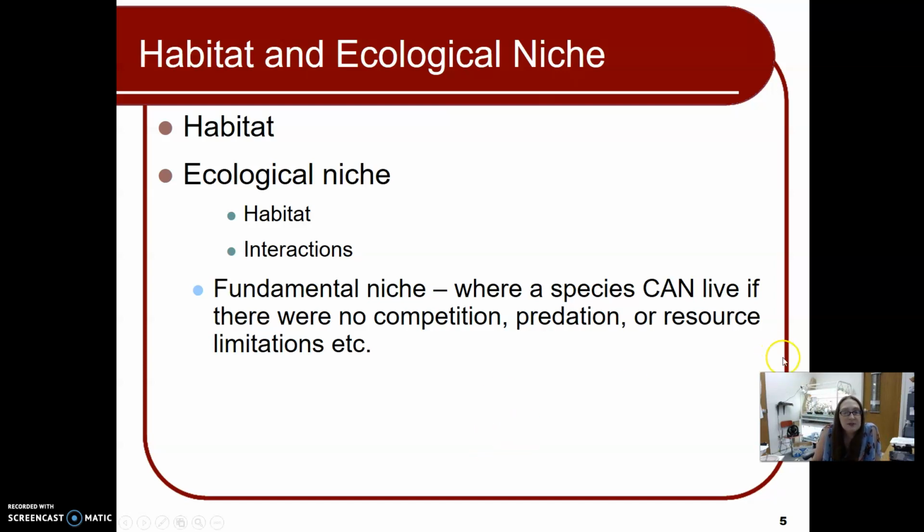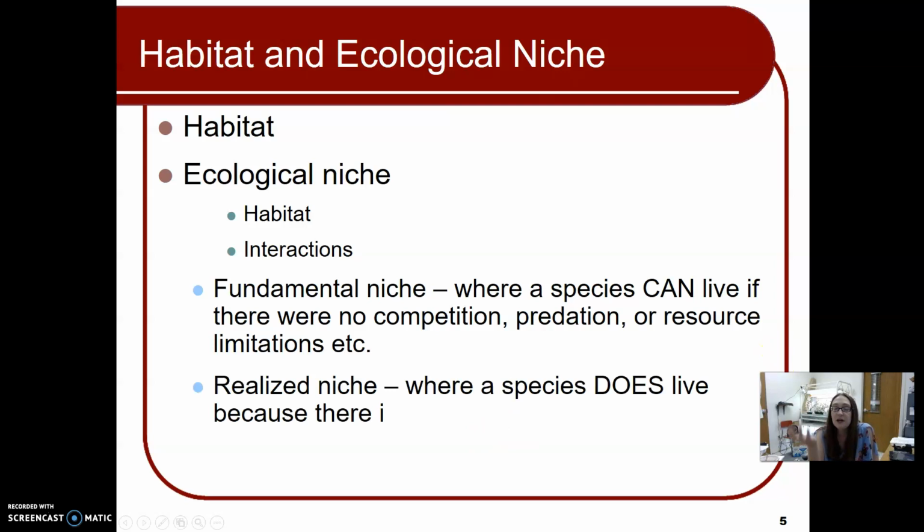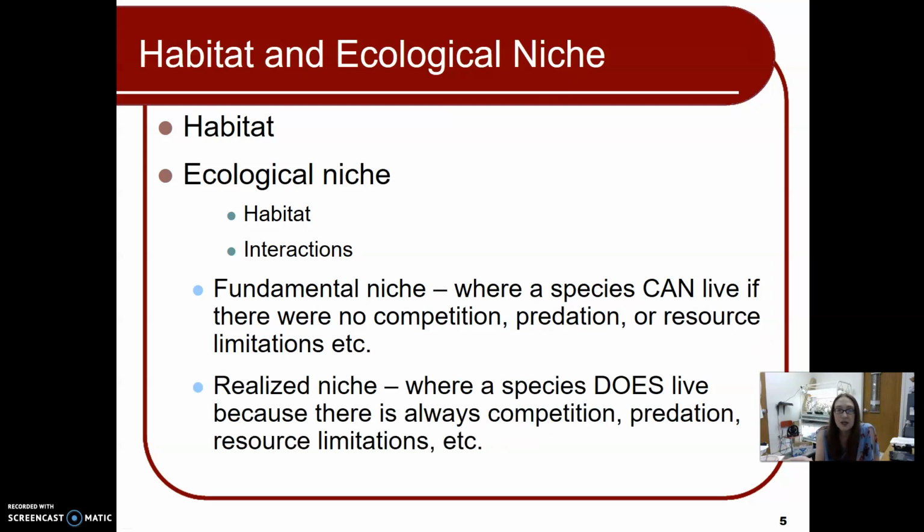So there are two types of these niches. There's the fundamental niche, where a species can live if there's no competition, no predation, no resource limitations, so it's got unlimited food, no worries about predation, doesn't have to compete with anybody. That is its fundamental niche, where it could survive.